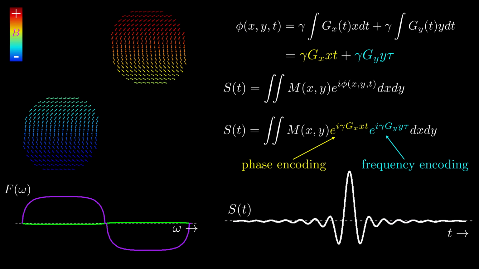And that, my friends, is an explicit 2D Fourier transform. The signal collected during application of gradients are in fact complex phasors corresponding to specific 2D spatial frequencies. So knowing that, what are the gradient waveforms in X and Y we need to precisely craft our acquired signals such that we can reconstruct an image?